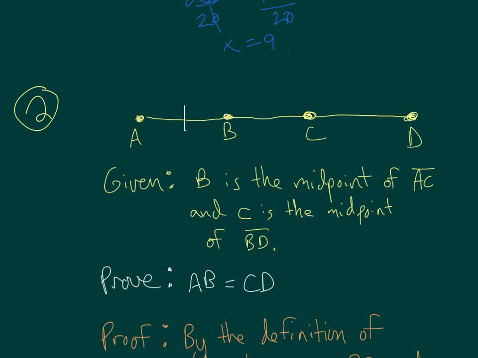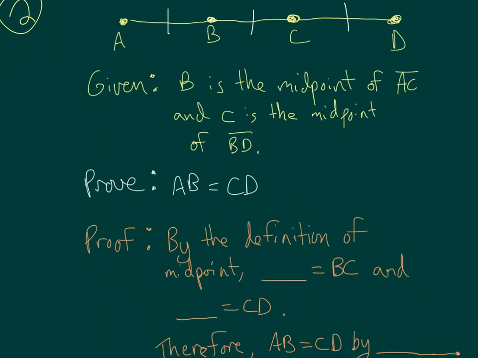So from A to B, it's the same distance as from B to C. And C, right here, is in the middle of B and D. So what that means is BC, from here to here, is the same distance as from C to D, right there. Okay, our job is to prove that AB is equal to CD.